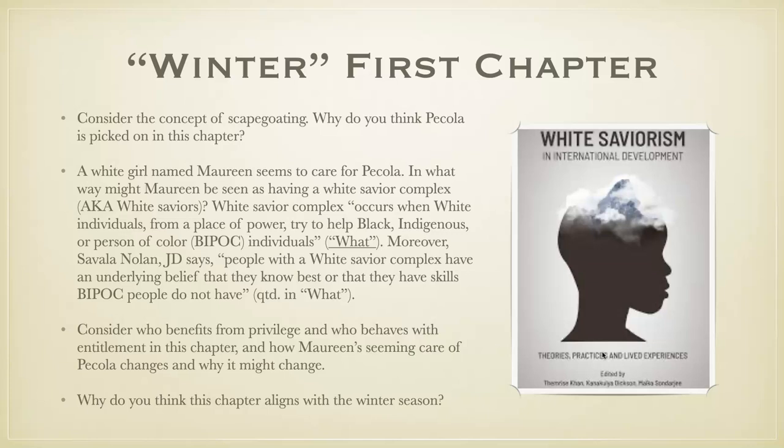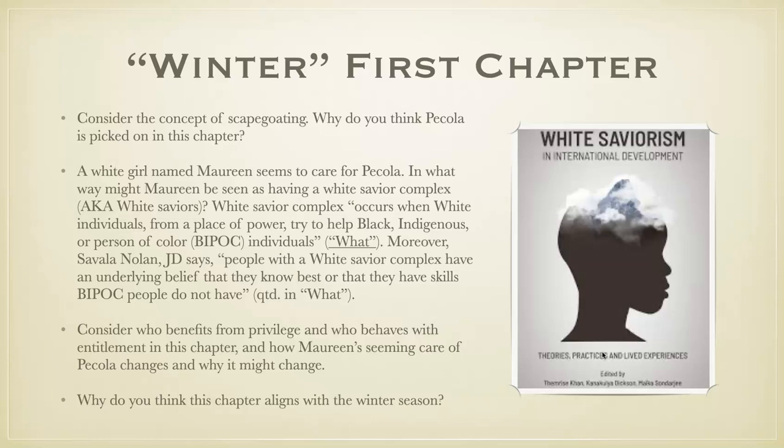everyone dumps on, right? The next question is dealing with a white girl named Maureen who seems to care for Pecola at first. And I want you to consider in what way Maureen might be seen as having a white savior complex.